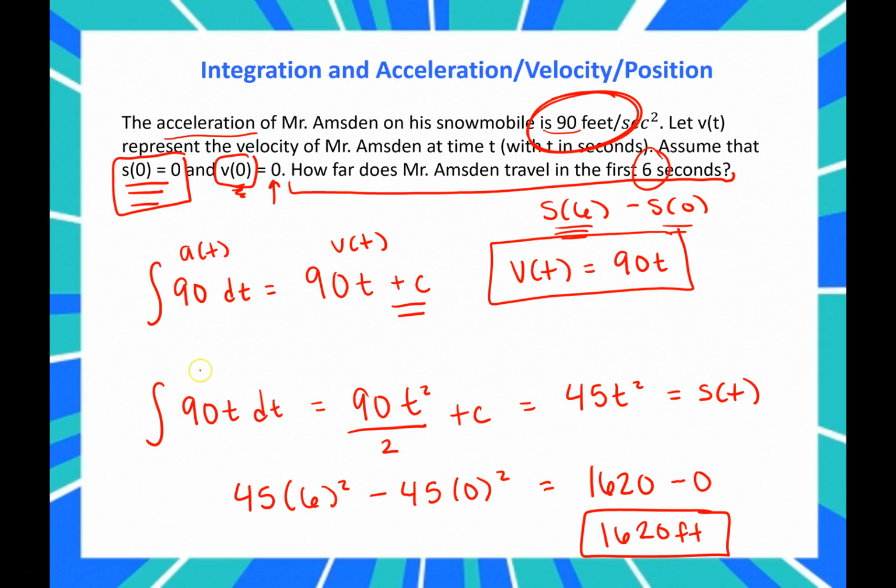And I take my velocity right here and integrate it, and it gives me my position function right here, which I simplified to be here. Again, I found that my plus c was 0 because of these two facts, specifically this one helped. All right, once I had my position function right here, I plugged into it the value of 6 because we're at 6 seconds, minus our original 0 seconds. And that's our answer.